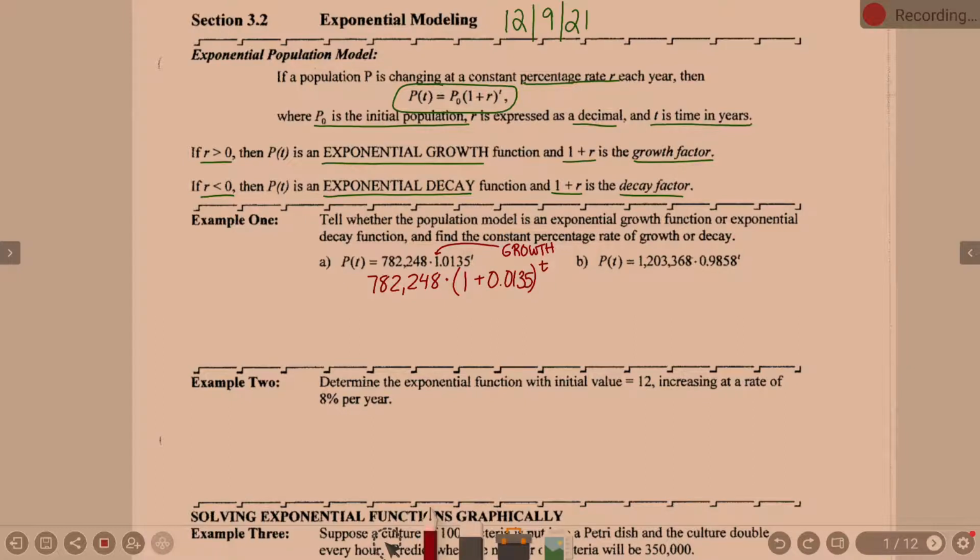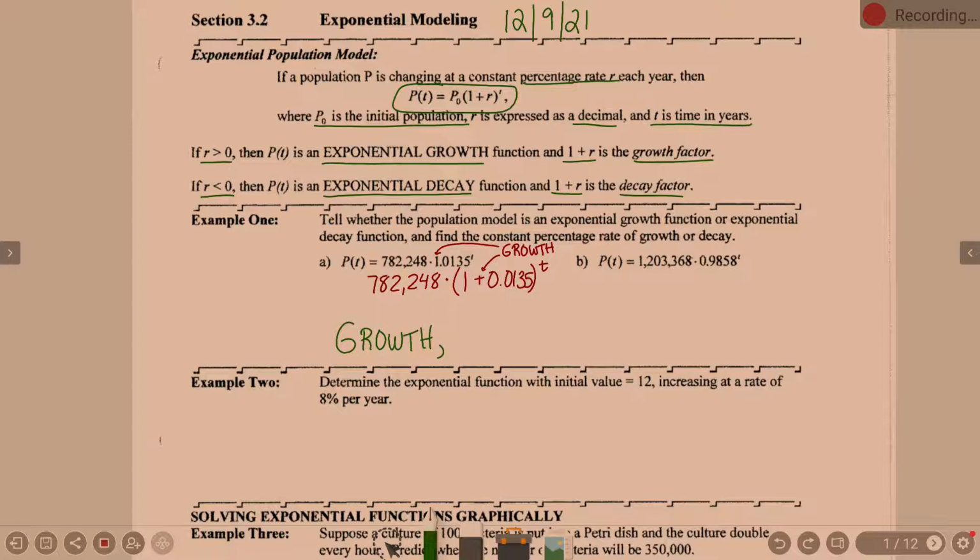Yeah, the 0.0135. Okay, and so right there, because it's 1 plus that number, it's growth. The fact that that number being raised to the power is bigger than 1 tells me it's growth. The fact that it's 1 plus that value tells me it is growth. So this is definitely a growth problem. It represents exponential growth.